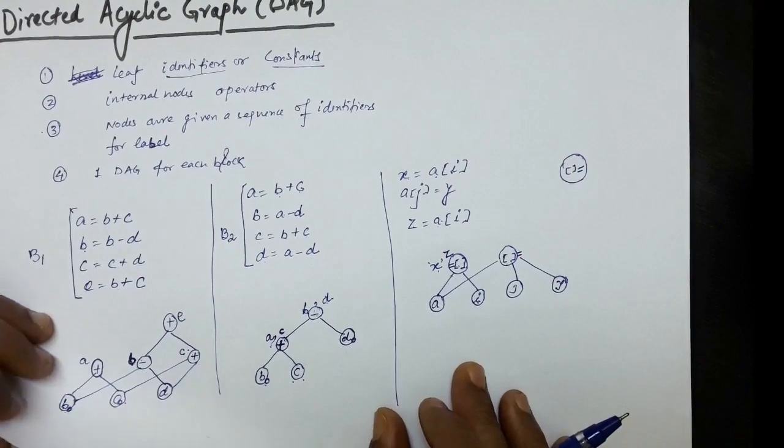Let us take some more examples, and this will be a bigger example, or a question which will have many statements, and then we will see the optimization also with respect to the directed acyclic graphs. Let's say we have the intermediate code generation statements as 3 address code.